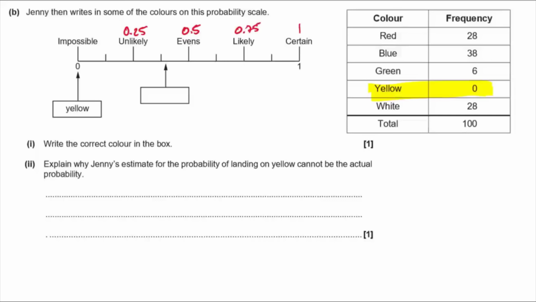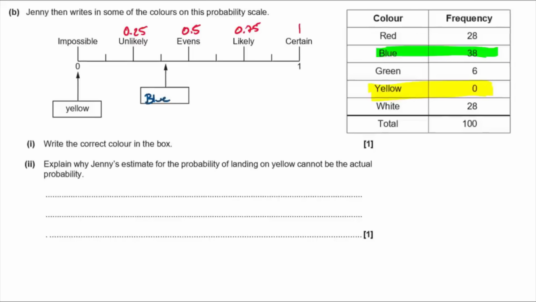So this arrow is pointing somewhere between 0.25 and 0.5, and it's actually closer to 0.5. Well, halfway between 0.25 and 0.5 is about 0.37. So I'm guessing that must be the blue one then, mustn't it? Because the other three, the red, the green and the white, are going to be further down. They're going to be just a little bit above 0.25, not all the way up here. Okay, so this one I think is going to be the blue one.